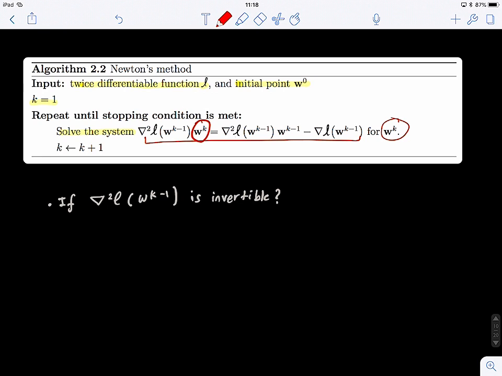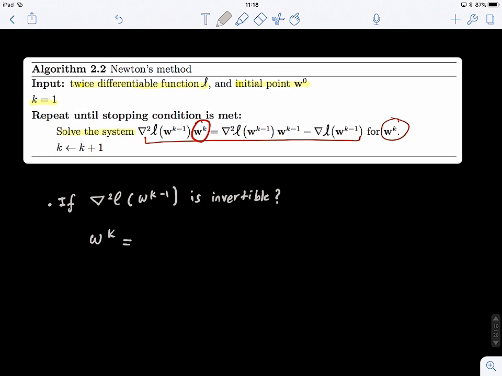Now, what happens if the Hessian matrix at point WK minus 1 is invertible? How can we write this? I would like you to try to write this down. I'll give you 2 minutes. What does it mean that the Hessian is invertible?